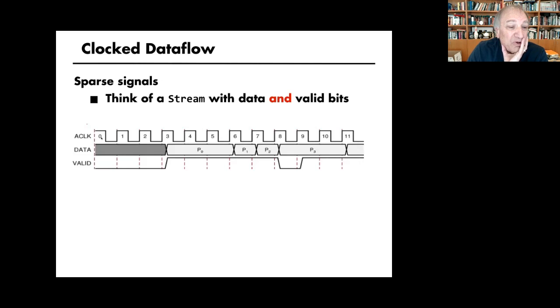So let me just talk about one way of doing that, which is sort of cool, which you might call clocked Dataflow. Suppose you had a clock, tick, tick, tick, tick. But now you had some data, okay? But you also create this other signal called valid, which if it's 0, that means the data here is missing, not valid. There's no data there, okay? So for example, if we did that downsample, we had false, true coming in.